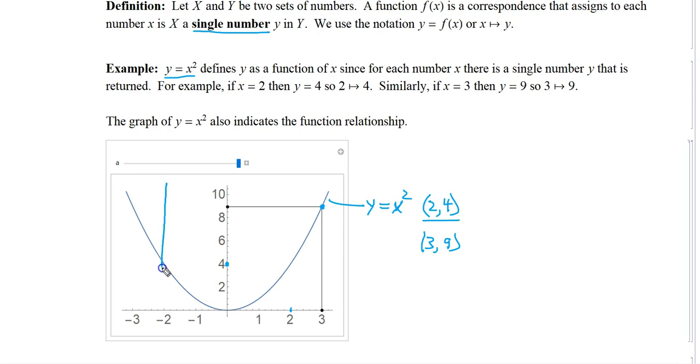If I draw any vertical line through the graph of the function, it only intersects at one point right there. In other words, for each x value, you will only get back one y value. And when your graph satisfies this vertical line test, that's when you have a function.